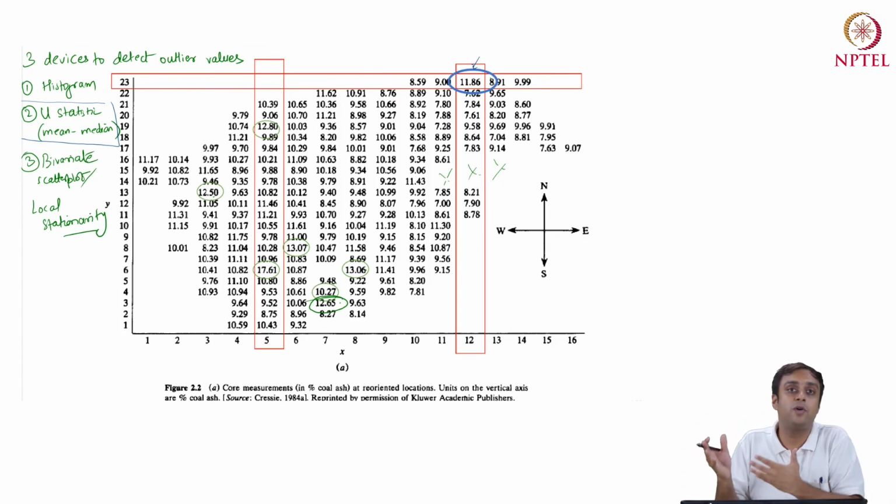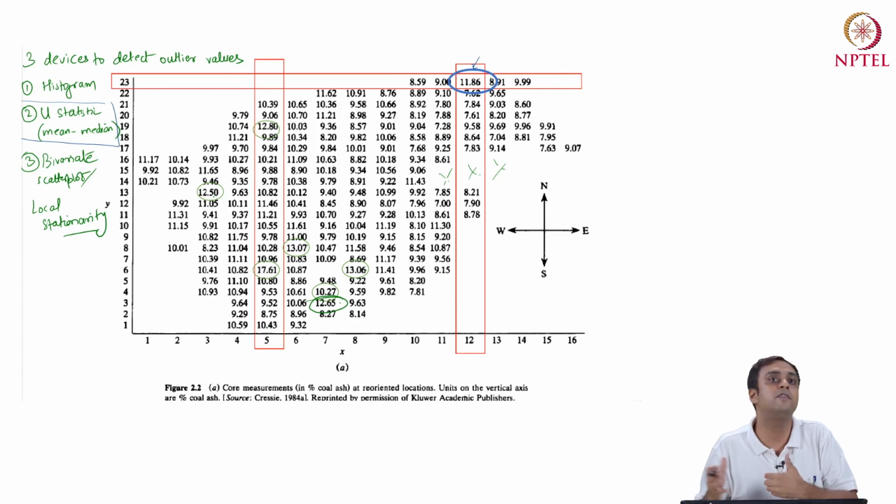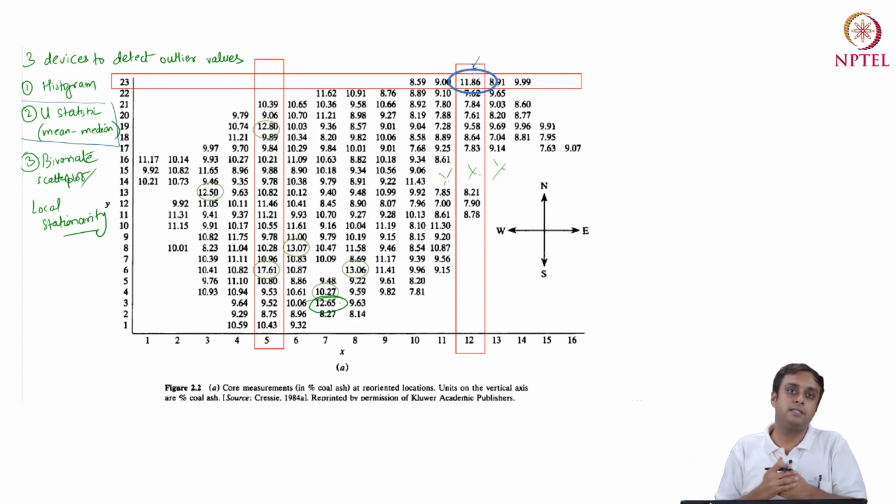Well, you can do that. That's a good starting point, and we should always do that as data analysts. But we should probably also go one step further and work with formal devices or formal measures which will provide us an understanding of abnormal behavior in spatial data.